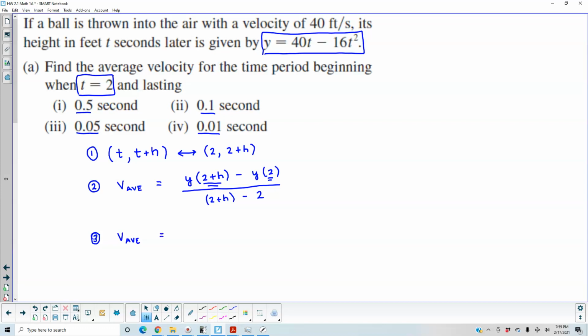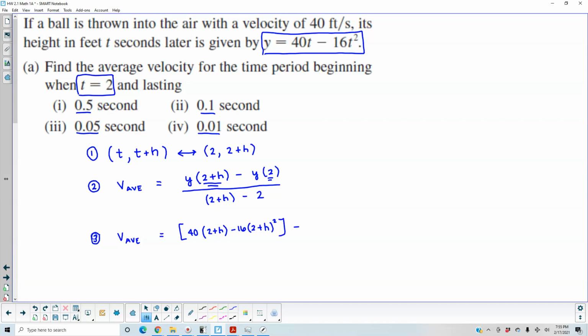We're going to plug in 2 plus h as the input into the function. So it's going to be 40 times t, which is 2 plus h, minus 16 times 2 plus h squared.